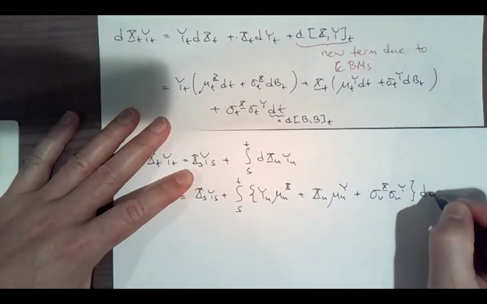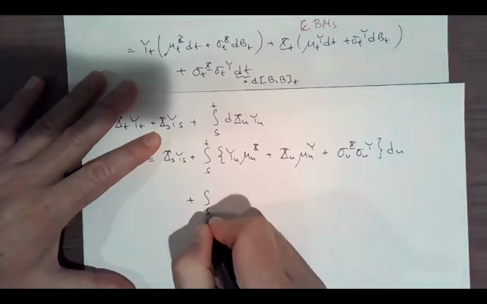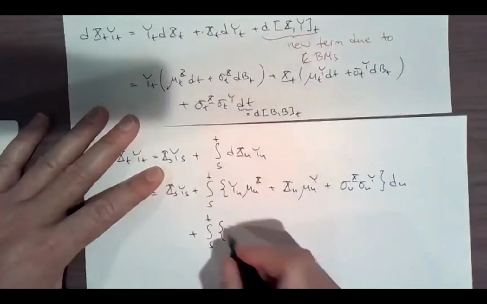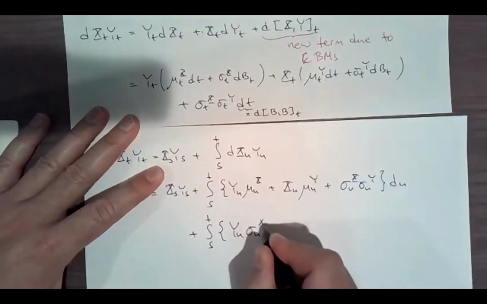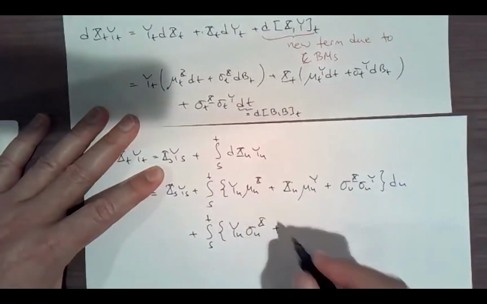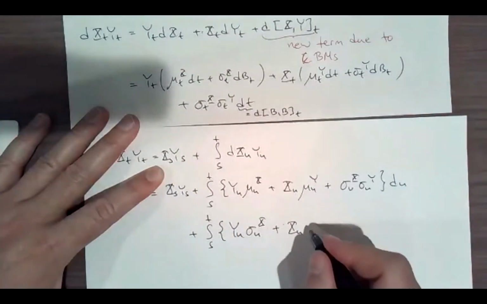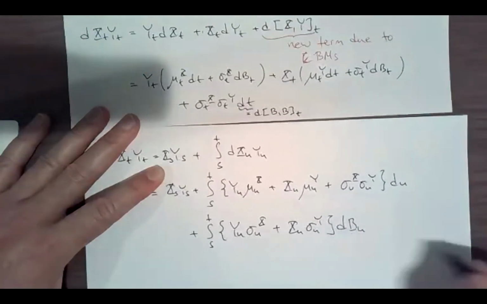This is my du term. Then I'm going to get the Brownian motion term. This is Y_u sigma_u^X plus X_u sigma_u^Y dB_u.